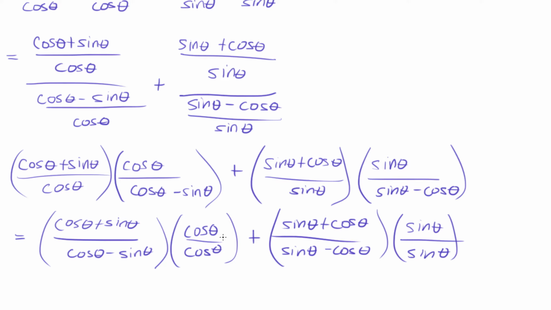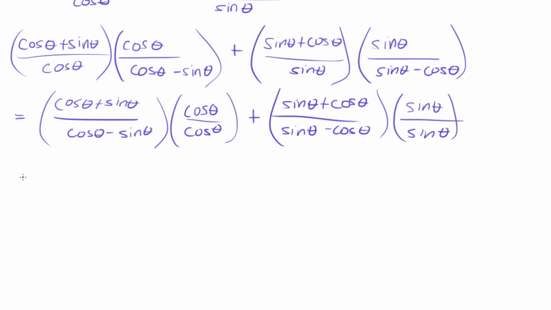And the reason I do that is because cosine over cosine is just equal to 1, so I can get rid of that.